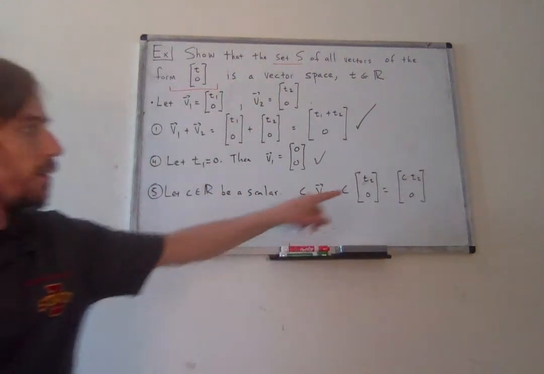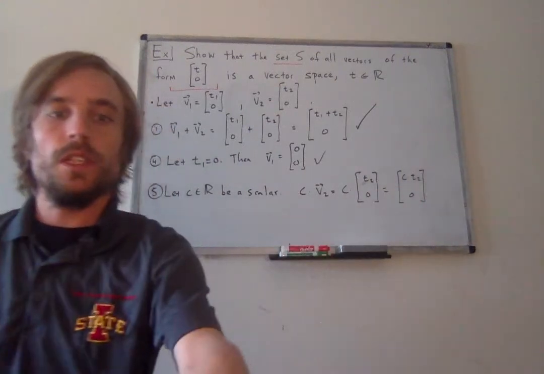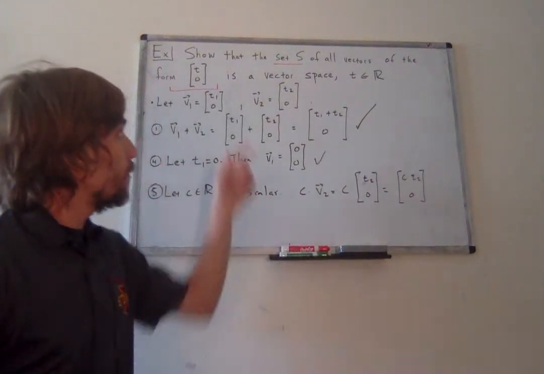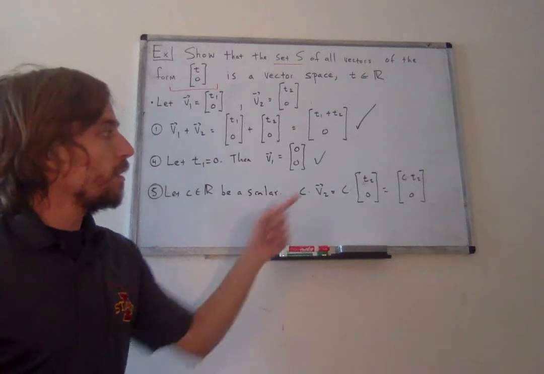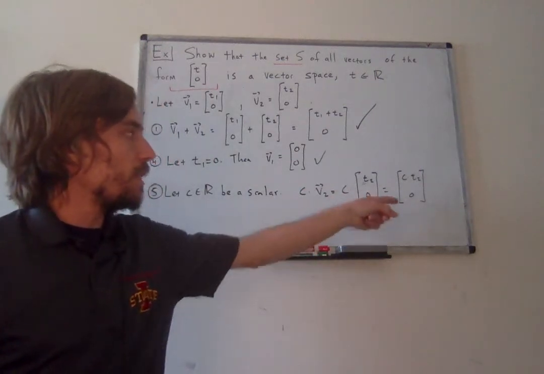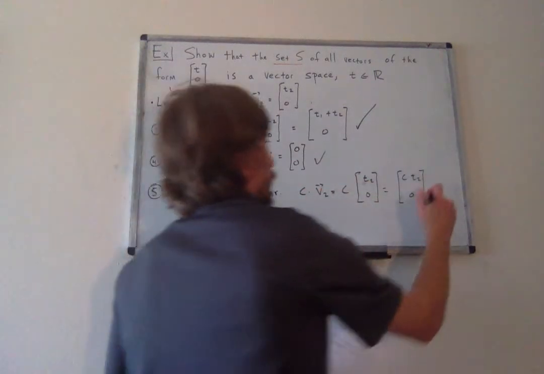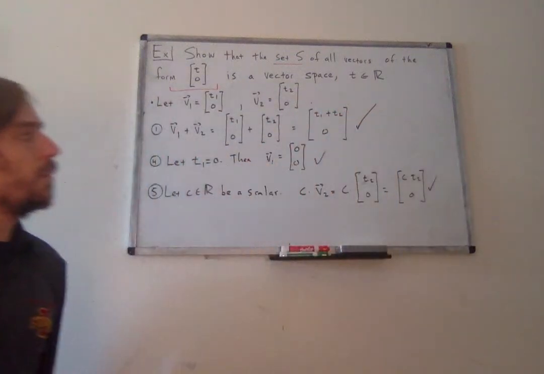Well, again, the vector I get here follows the rules of being contained in this set S, right? I've got a 0 in the second entry because c times 0 is always 0. I don't care what's in the first entry, and we're good.